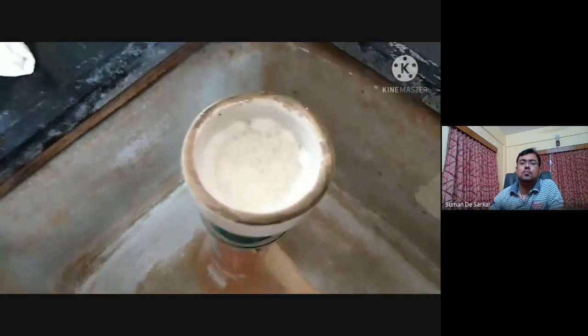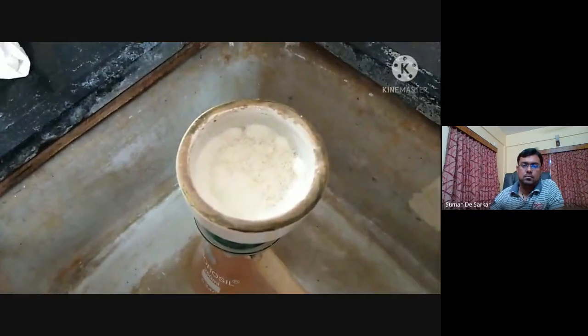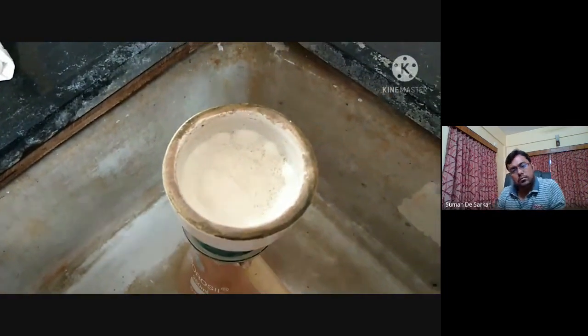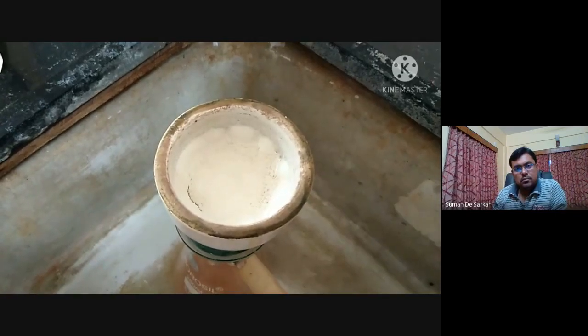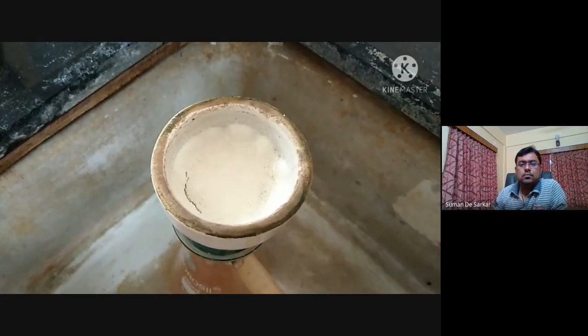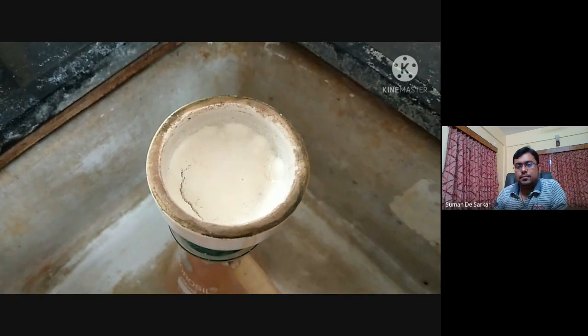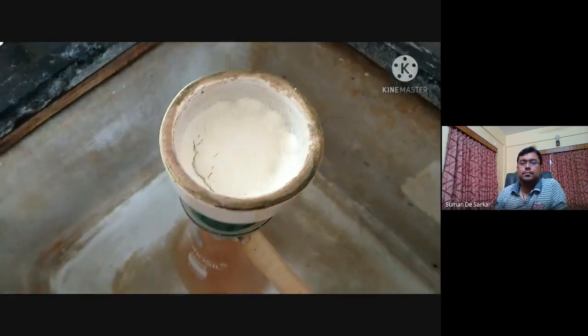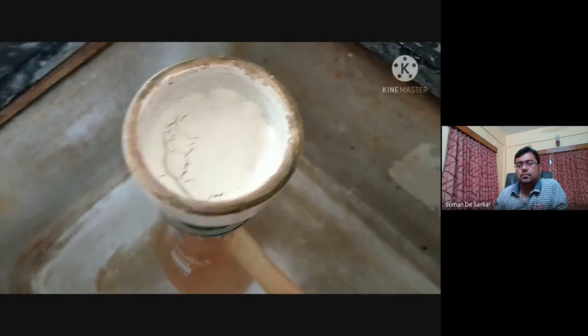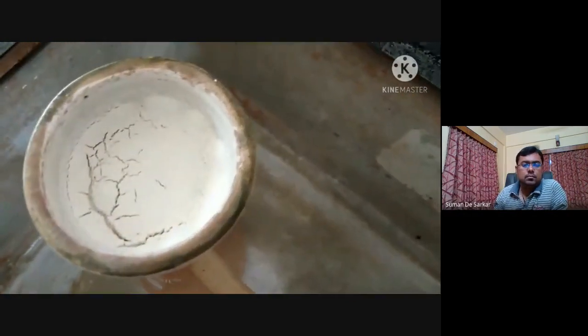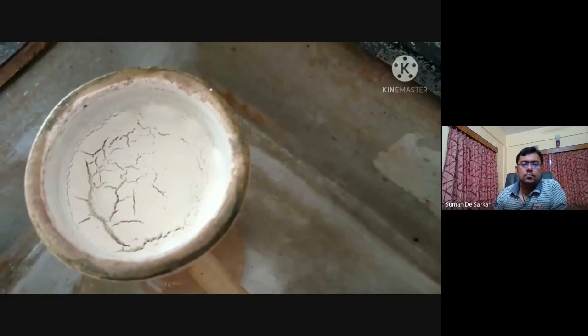Almost getting dry. Product form is very white in color.